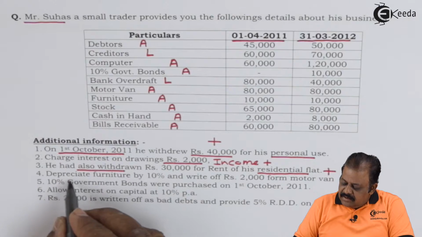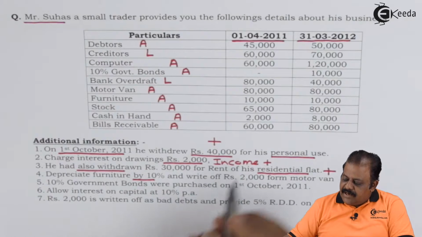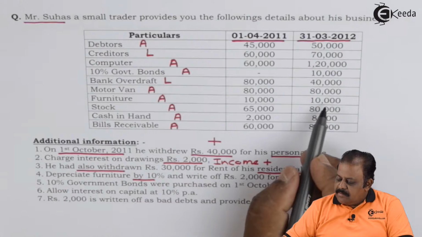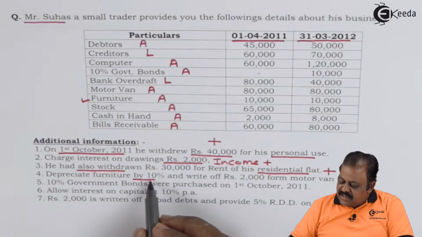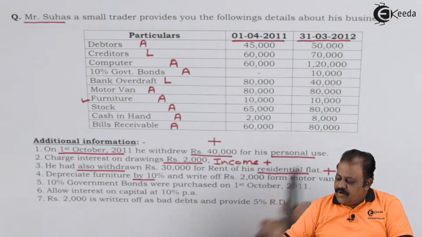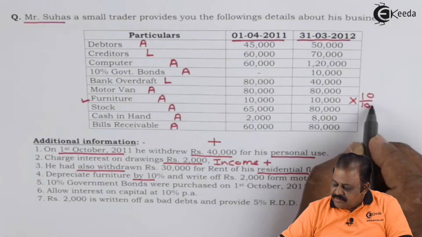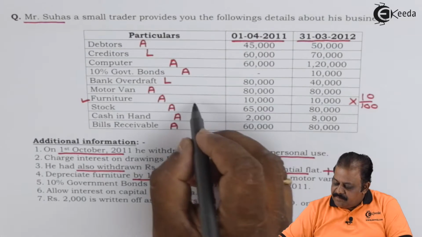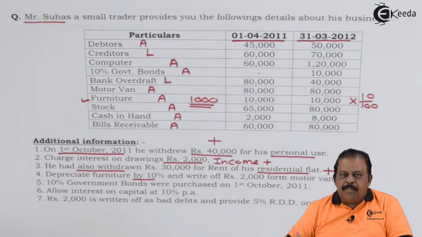Next, depreciate furniture by 10%. Furniture opening balance is 10,000. Closing balance is also 10,000. Amount of depreciation they have said 10%. So it will be 10% of 10,000. So amount of depreciation here it will be rupees 1,000.